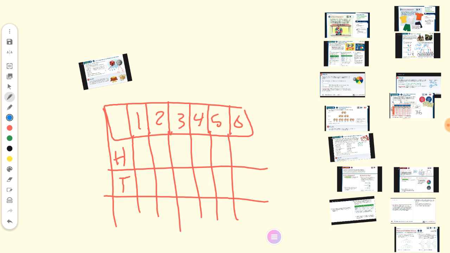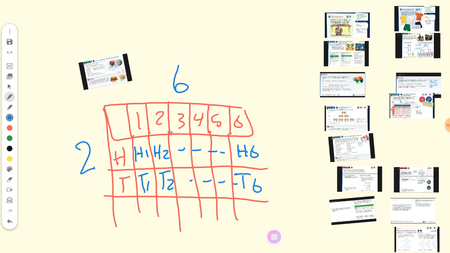So all possible outcomes are head 1, head 2, and so on until head 6. Okay? T1, T2, and so on until T6. All are 6 multiplied by 2. You will find 12 possible events, possible outcomes. Okay? So we can do it by table.